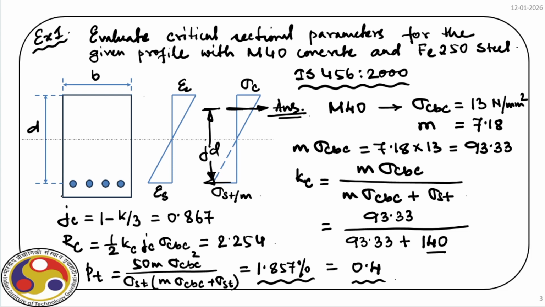I leave it as an exercise, so you can either consider sigma CBC, that is the compressive force, and find out what is the lever arm, that is Jd, and you can find out the moment of resistance of the section. You can also consider the tensile force in the steel and multiply that with the lever arm, you'll get the sectional capacity. Okay, so that you can do at your end, but the sectional parameters we have already derived as per the requirement of this problem.